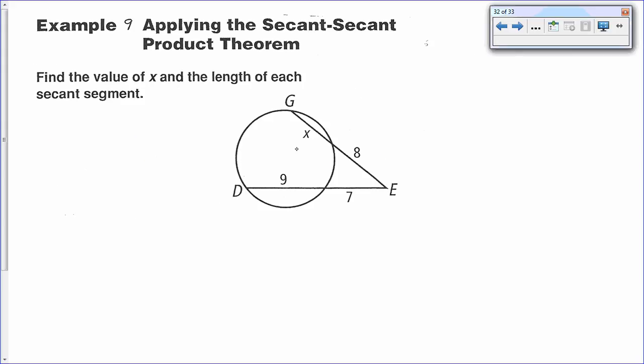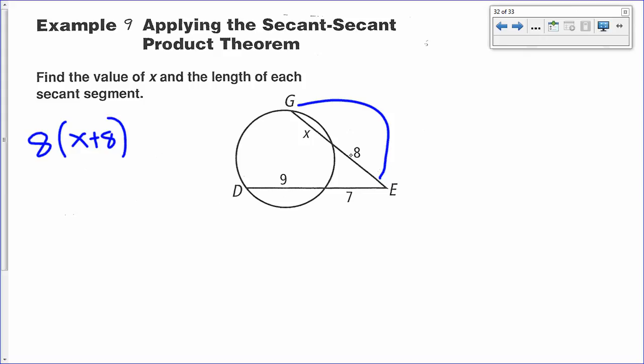Two more. Now we have two secants. So we have the outside piece times the whole piece, the outside piece times the whole piece. So it's going to be 8 times the whole piece, which is x plus 8. And then the outside, which is 7, times the whole thing, which is 9 plus 7, 16.